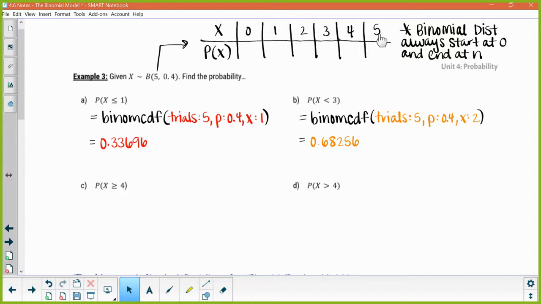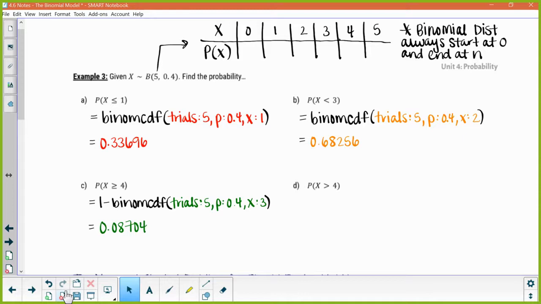Since I want 4 and 5, I have to get everything less than that in order to get the true probability. So I do 1 minus CDF because it is an inequality, 5 trials, 0.4 probability, and I want 3 or less. So that's going to count 3, 2, 1, and 0, which gives me 0.08704.